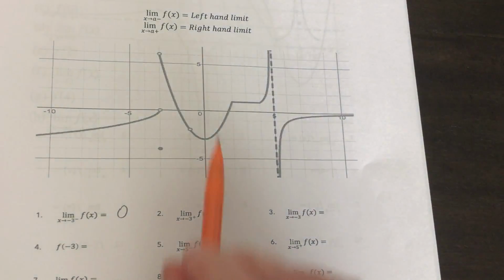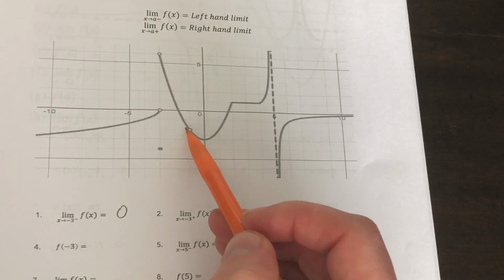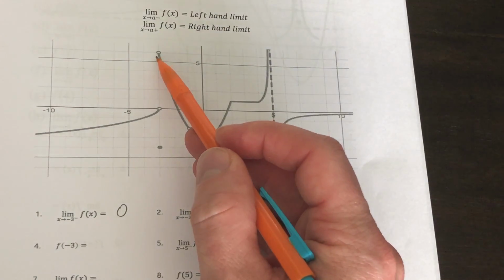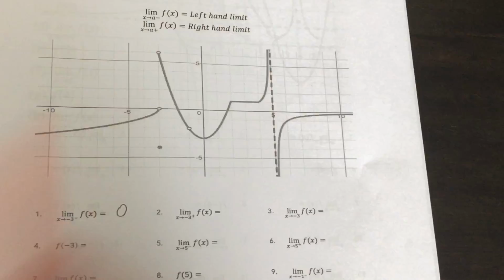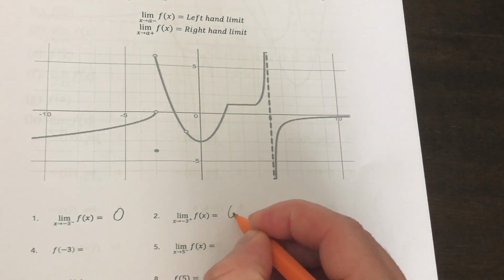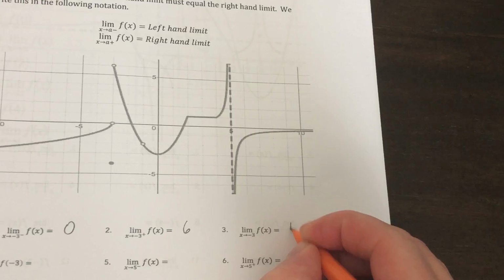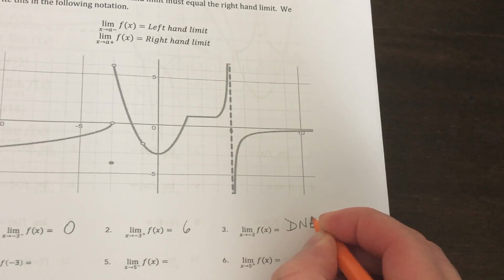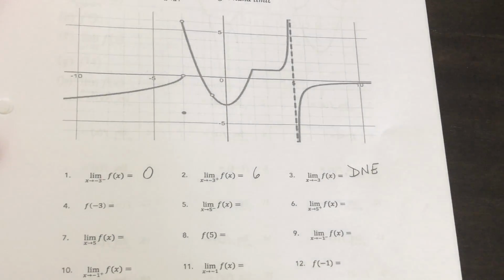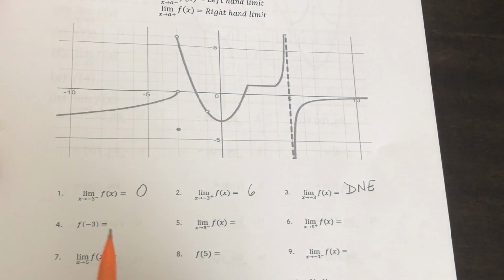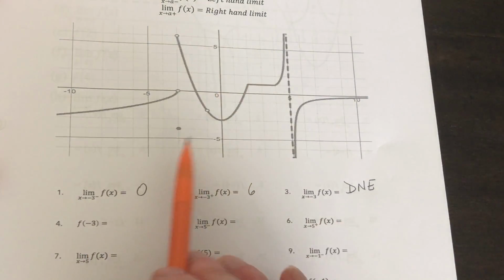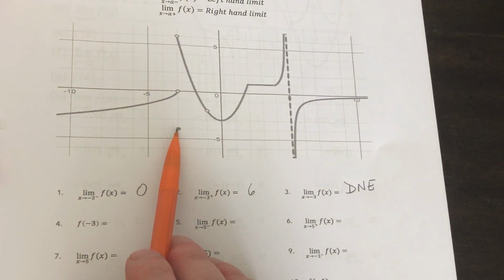As I come from the right-hand side of the curve of this piecewise function, the y value looks like it is 6. Since these two numbers don't equal each other, the limit does not exist. f of -3 is looking for the solid point at x equal to -3. So it's going to be -4.